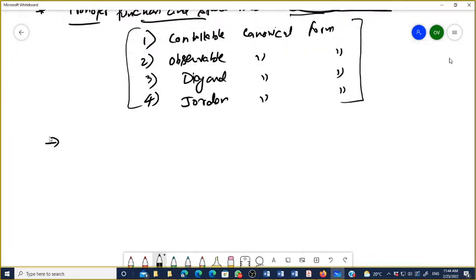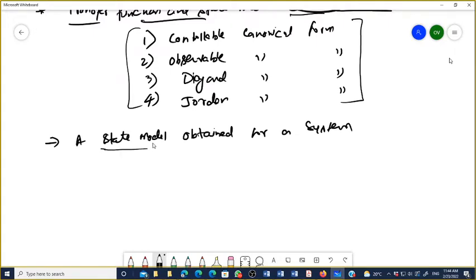First, a state model obtained for a system is unique or non-unique? Suppose you have different choices of the state variable. What about the uniqueness of the state model?